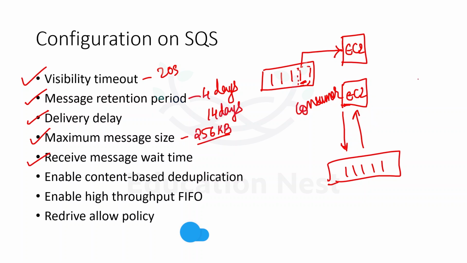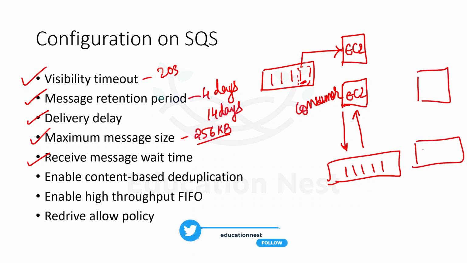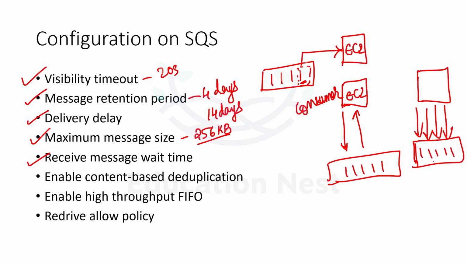Short polling, on the other hand: I have my consumer and the queue over here. Short polling means it will again and again hit the queue and ask whether a message is available, is there any message, is there any message. This is what short polling is all about.